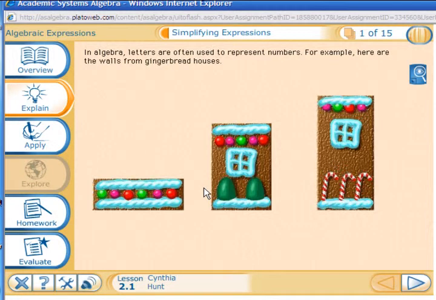In algebra, letters are often used to represent numbers. For example, here are the walls from gingerbread houses.